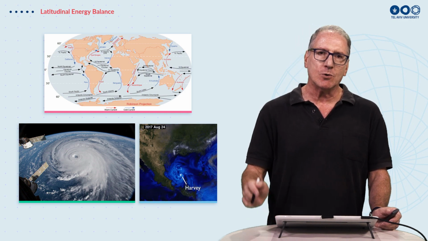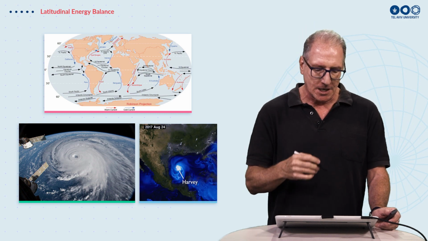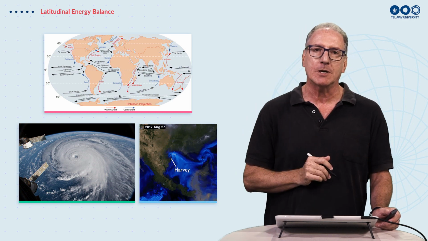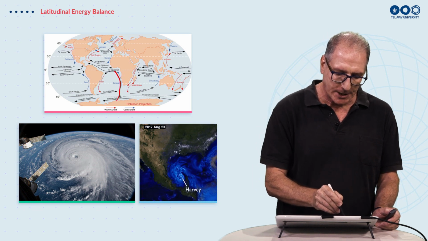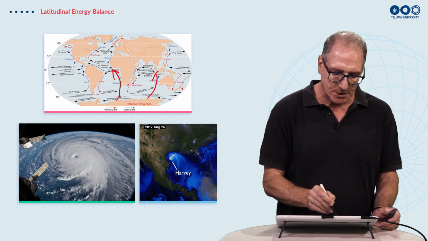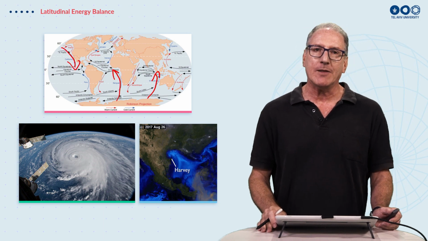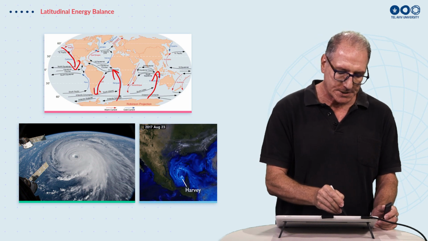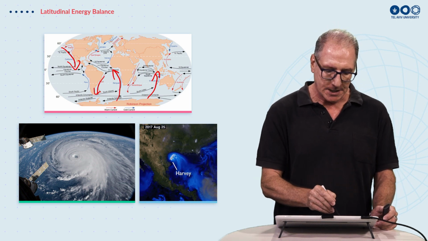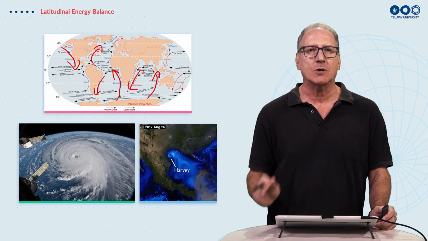And the oceans also have currents, and they stir the oceans by taking cold water from the polar regions to low latitudes. So you can see these blue currents, which are taking cold water from the poles towards the tropics. And on the other side of the oceans, we've got the warm currents, which are taking warm water, say, along the coast of Brazil.